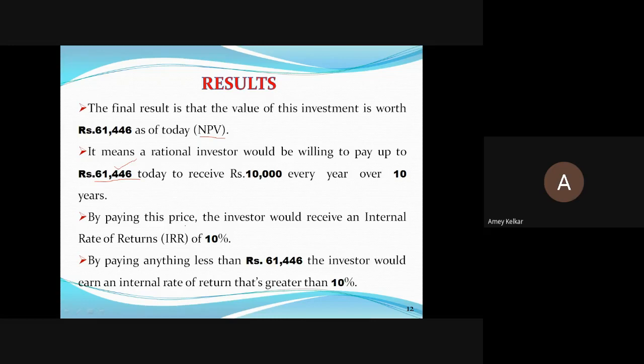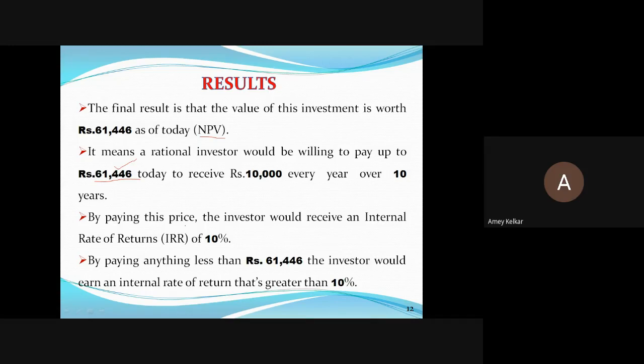They're getting 10,000 only. Now that is sure. But what decides whether the 10,000 is good or bad is what they are paying today. That is the net present value. What they are paying decides whether the proposal given is acceptable or not. So if they are paying 61,446, they are getting a return of 10%.